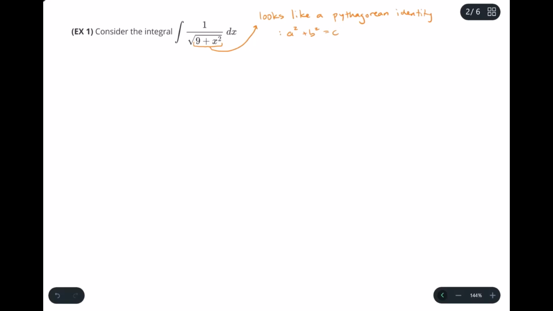Now, how do we get there? Well, here's what we have to do. So if we're working with Pythagorean identities, you need to go back to some right triangle trigonometry. It's not the difficult stuff, it's just the basic stuff. So if you remember your friend SOHCAHTOA, for instance, that's really enough to do this.